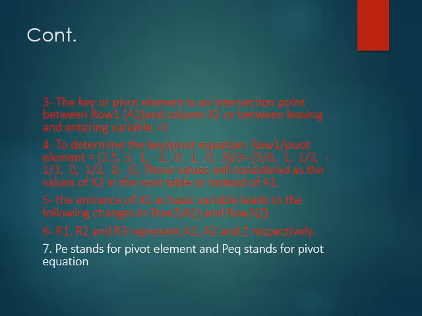So R1, R2, and R3, or row 1, row 2, and row 3, represent A1, A2, and Z respectively. PE stands for pivot element and PEQ stands for pivot equation. That's all.